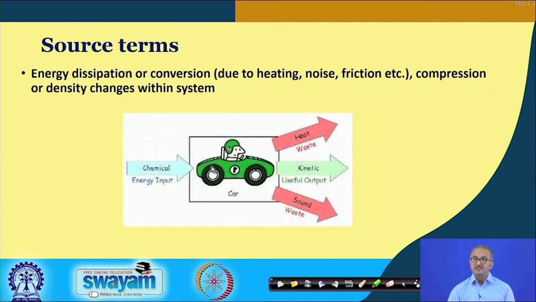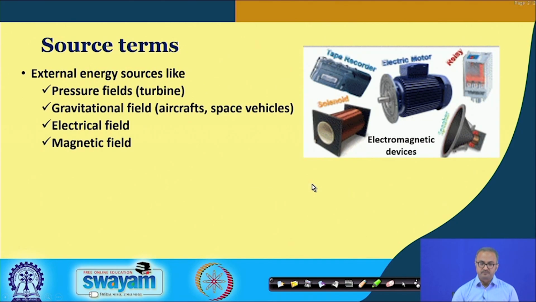We find that there will be some heating up in the system and quite some noise. So all these are the sources of energy dissipation in the system, and you will find that out of the whole energy of combustion generated, only a part will be used up as kinetic, that is, useful energy. But all these energies will also be part of the source terms.